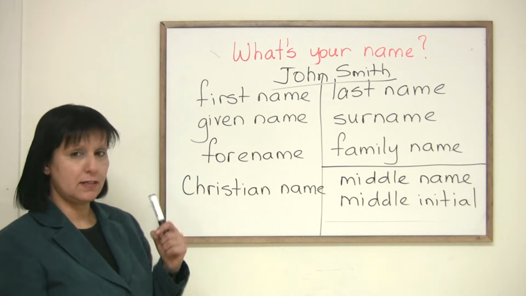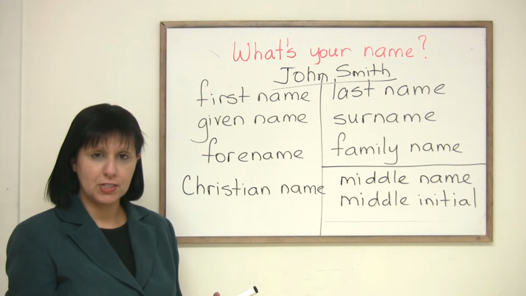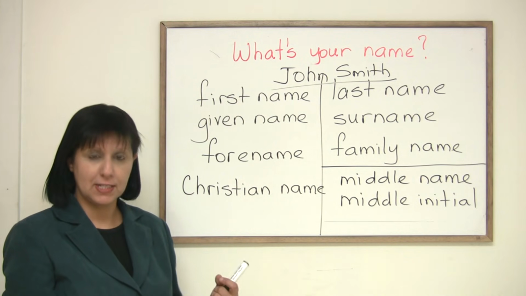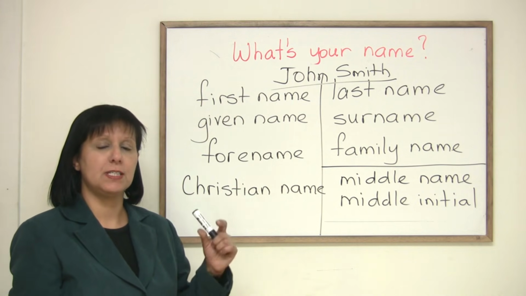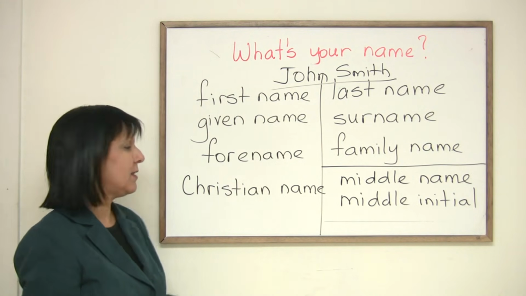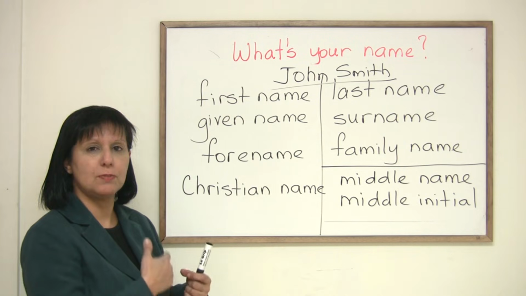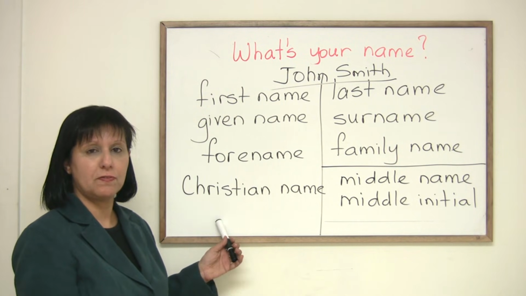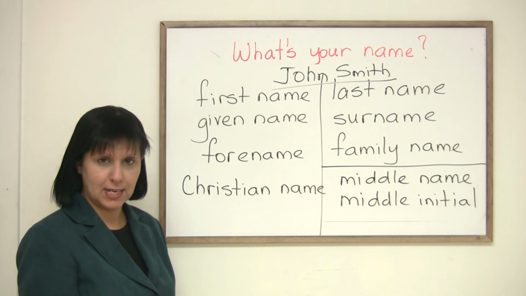And in case the person is a Christian and received the first name at his christening or her christening, which is a ceremony which happens to a baby, all right? At that point, the Christian baby is given a name, the first name, and that is sometimes referred to as the Christian name.